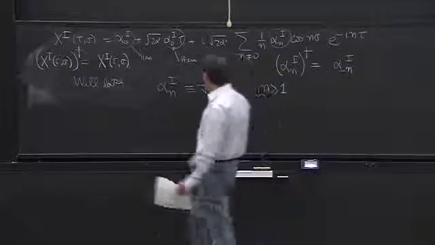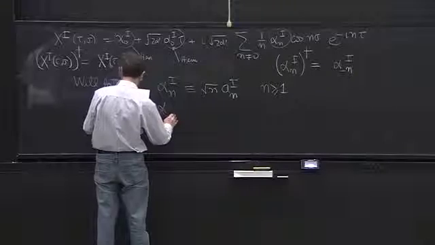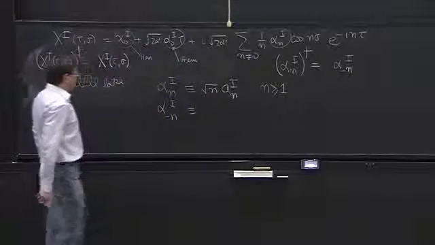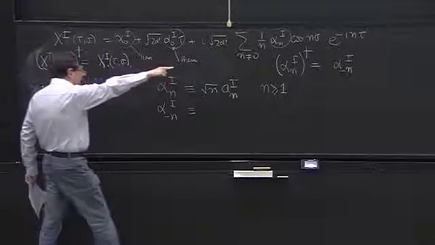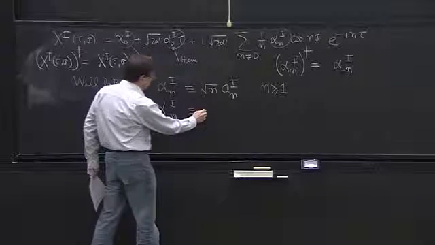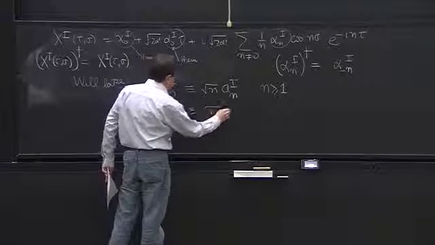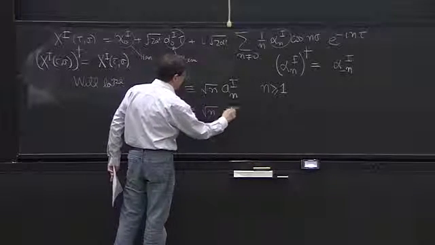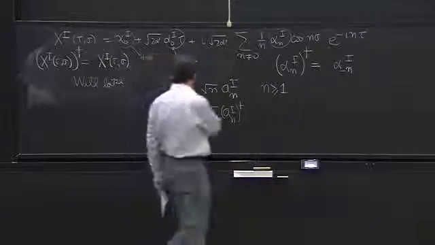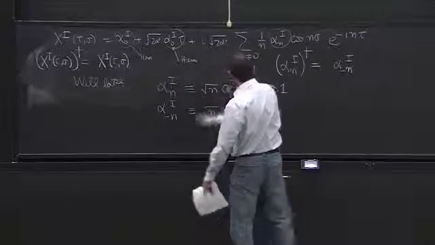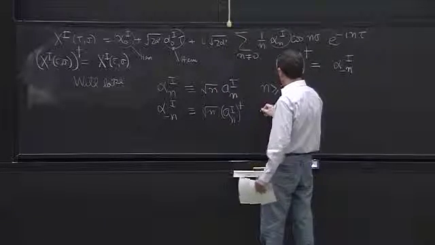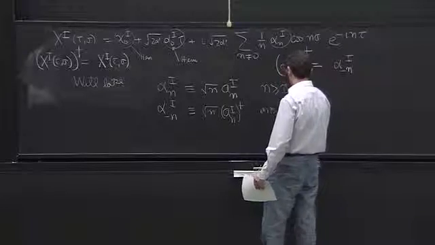Because then I know that alpha minus n i is the dagger of this top line. So it will be square root of n a n i dagger. And this will also be, because I took this equation and I just took its dagger, this is also for n greater or equal than 1.